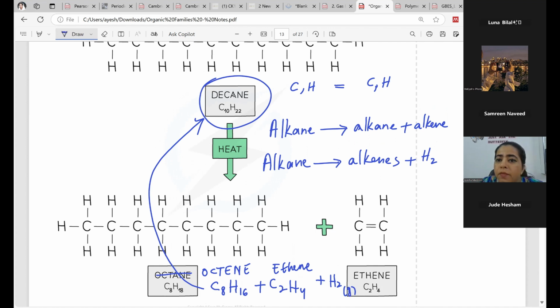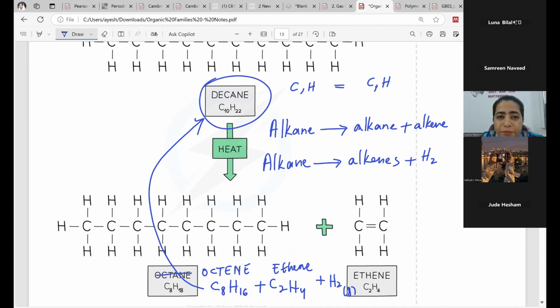Thermal decomposition is not going to be a reversible reaction. If we want to do the reverse, then we have to do another process. We have to collect the products, then do it in reverse, which is not easy. So it's not a reversible reaction. Okay, thank you. But there is one thing that I will tell you in this reaction, which is a very important exam question. Before that, we'll take Samreen's question.